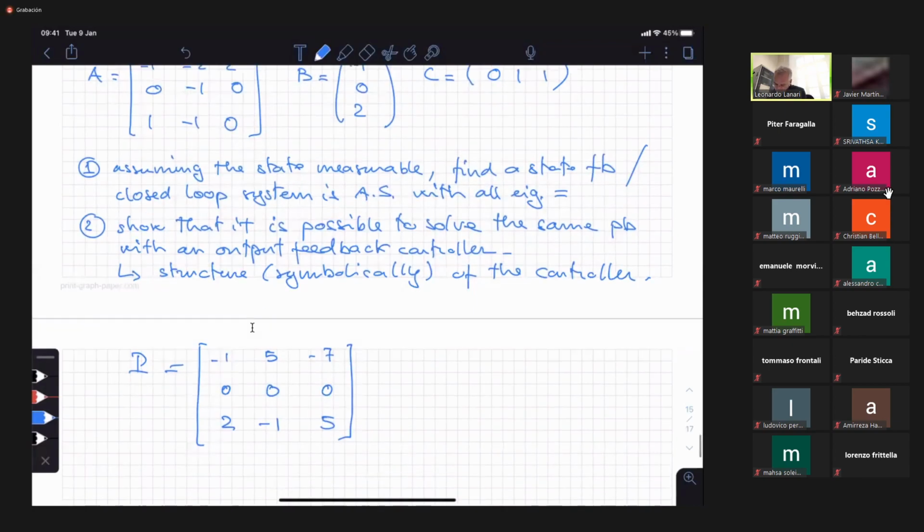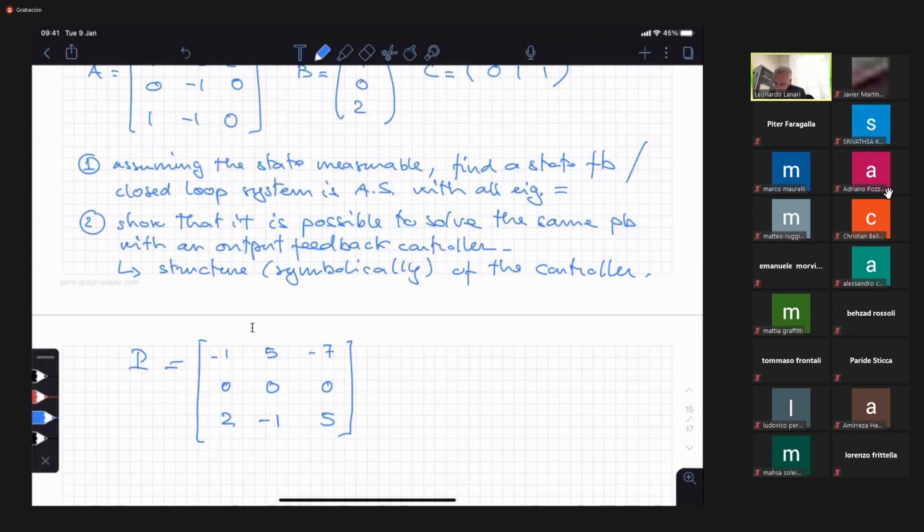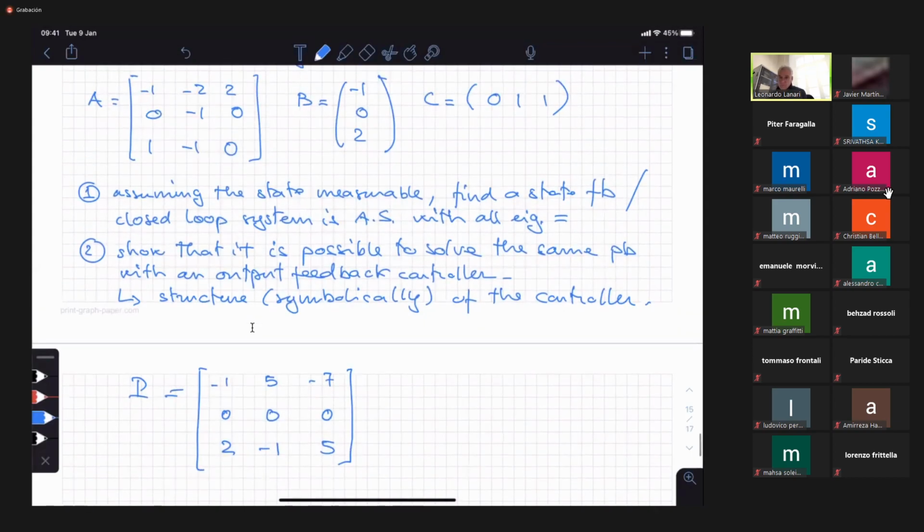Let's do the observability matrix. We have, so C, sorry. C is given by 0, 1, 1.